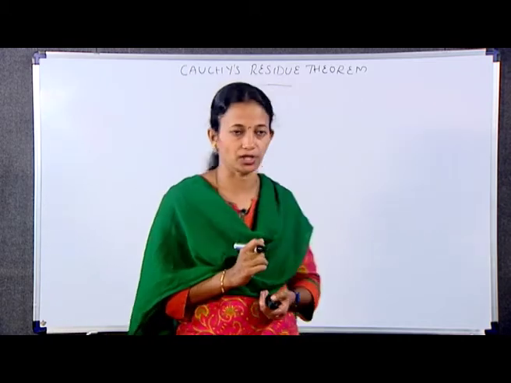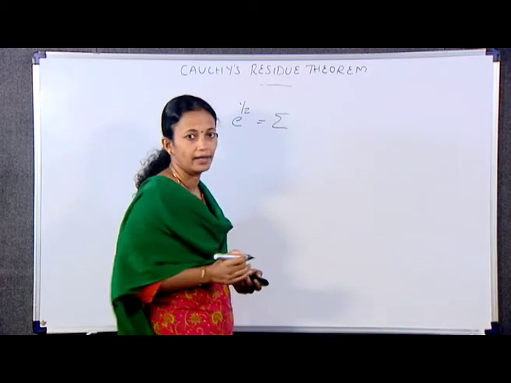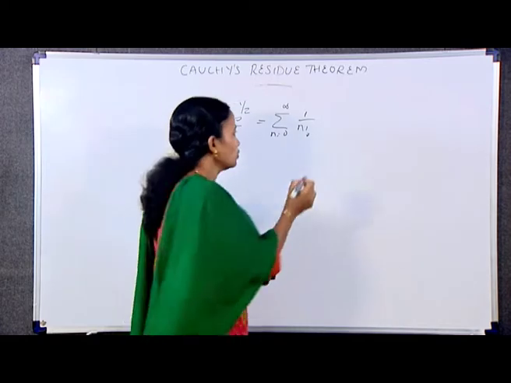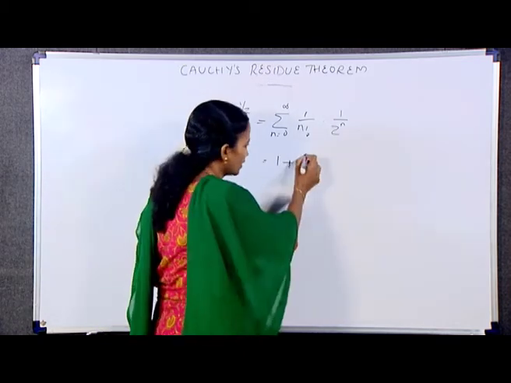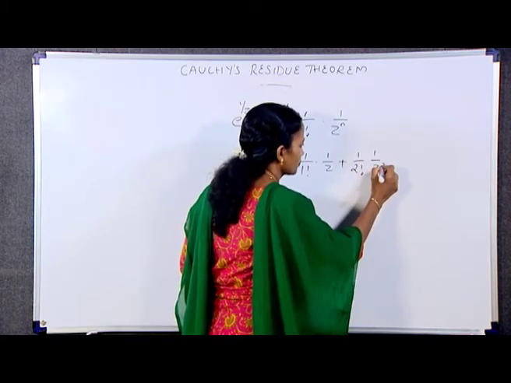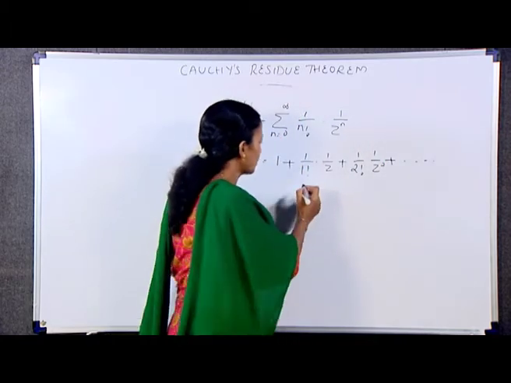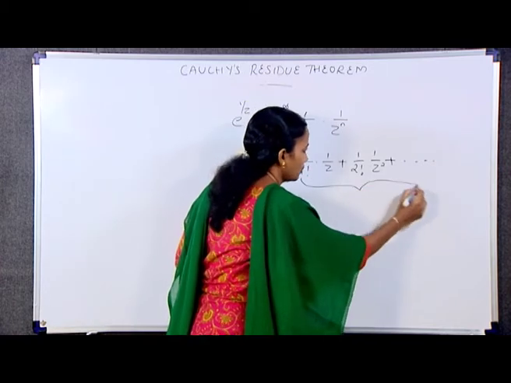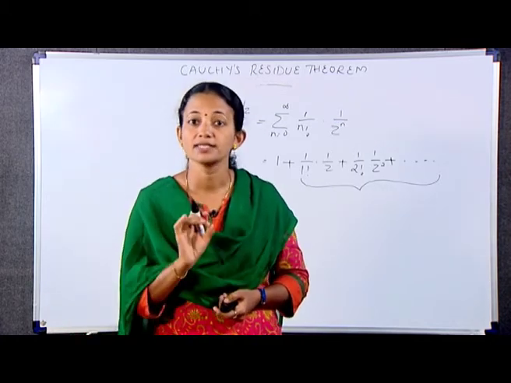For example, the function e raised to 1 by z, which is equal to sigma n varies from 0 to infinity 1 by n factorial into 1 by z raised to n, which is equal to 1 plus 1 by 1 factorial into 1 by z plus 1 by 2 factorial into 1 by z square plus 1 by 3 factorial into 1 by z cube plus etc. Here the principal part is 1 by 1 factorial into 1 by z plus 1 by 2 factorial into 1 by z square plus etc. This is our principal part, which is an infinite series with an infinite number of non-zero coefficients of negative powers of z minus 0.